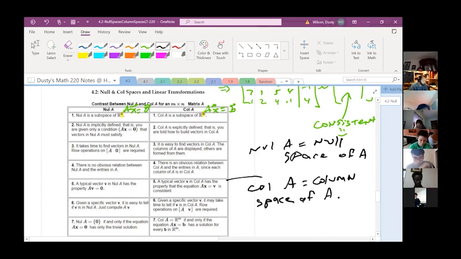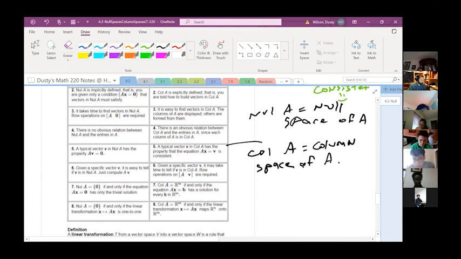Somebody want to take number 5? Alex? A typical vector V in the null space of A has the property A times V equals 0. A typical vector V in the column space of A has the property that the equation AX equals V is consistent. Thank you.